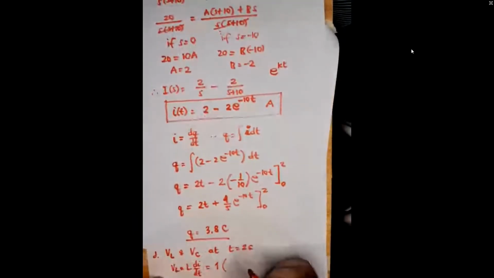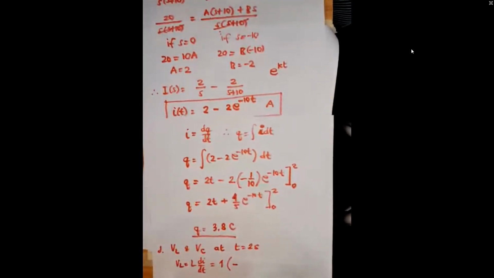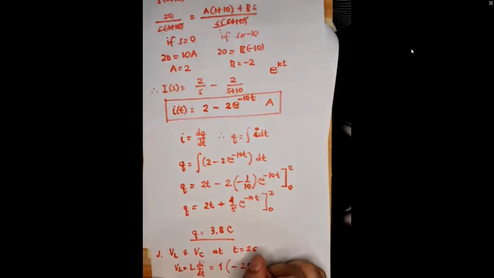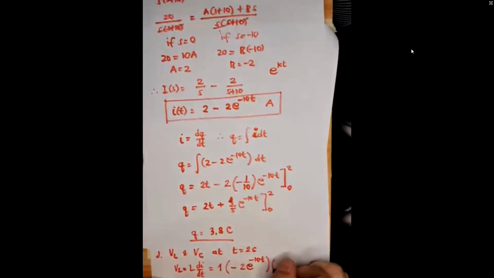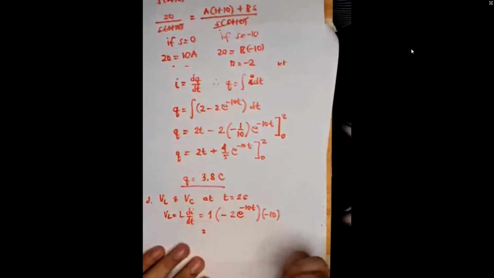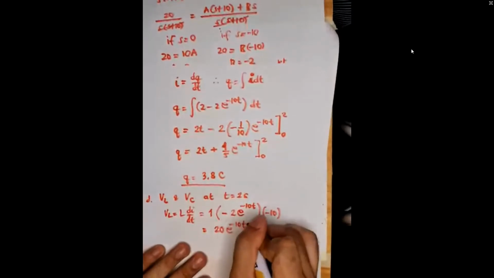So I is negative, derivative. I, that's negative 2 e raised to negative 10t times negative 10. Okay, so that's equal to 20 e raised to negative 10t.